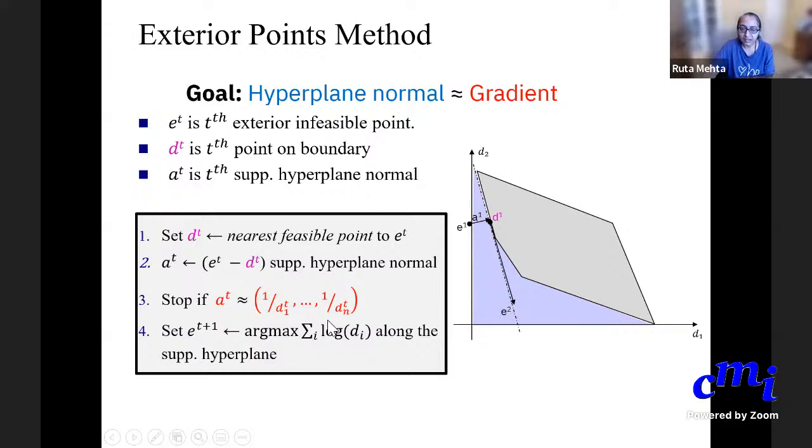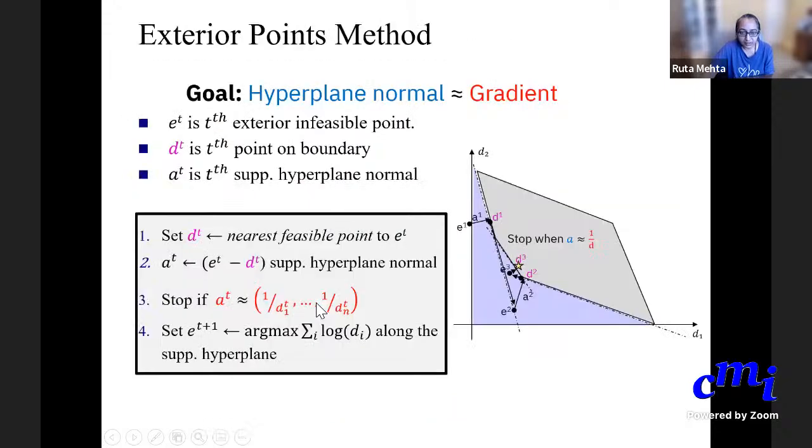You can keep doing this until you reach a point where your normal is proportional to the gradient. For sure, the potential is increasing, but you need not stop, because there are infinitely many points you can go to. So we have to show convergence, and fast convergence for polynomial time. So we keep doing this until we find this.